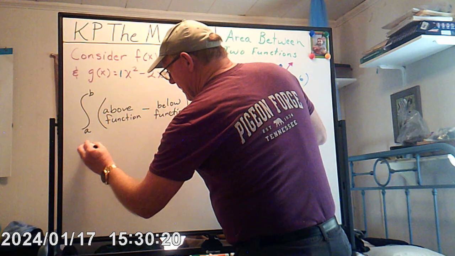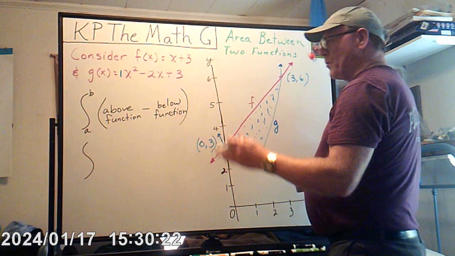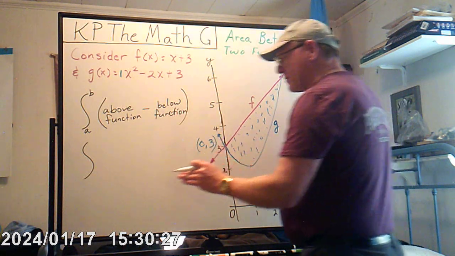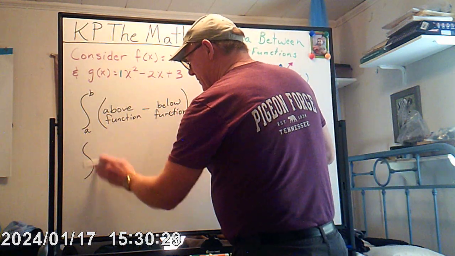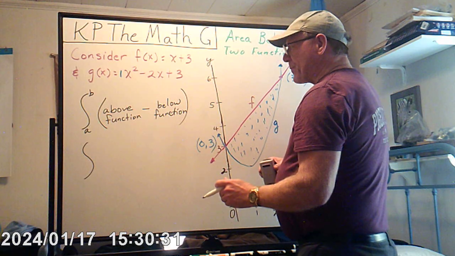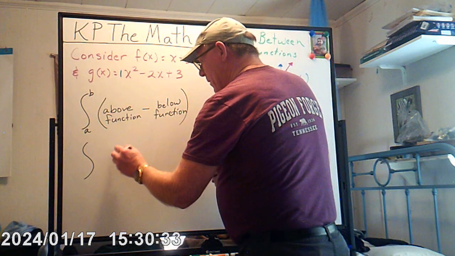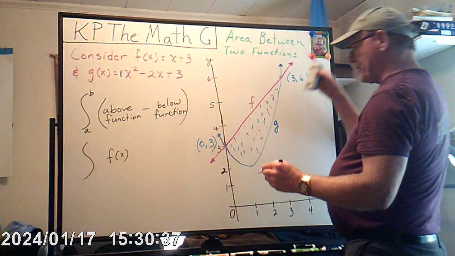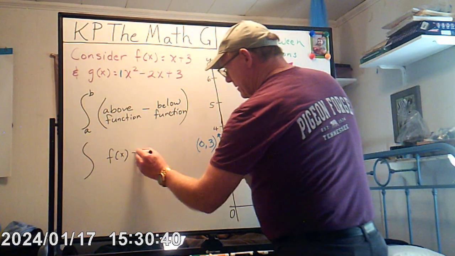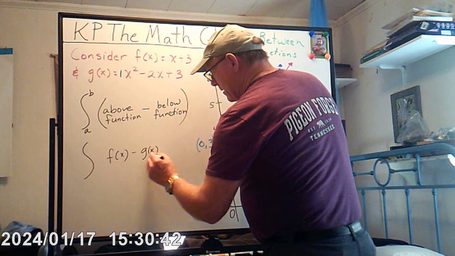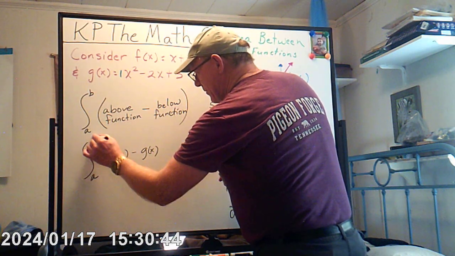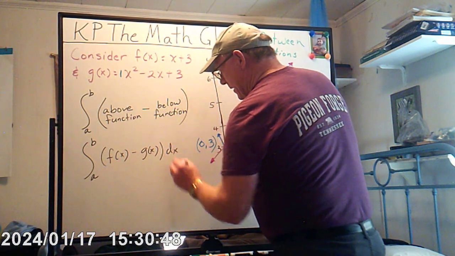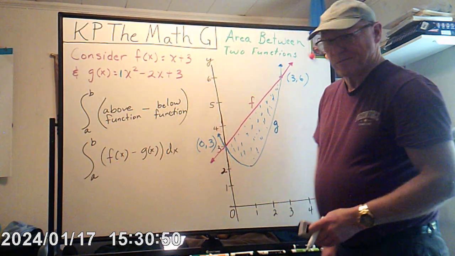In this case here, I'll talk about the integration in just a little bit, alright, but we see that F is above G, and well, let's say for right now from A to B, and dx like that, okay, like that.